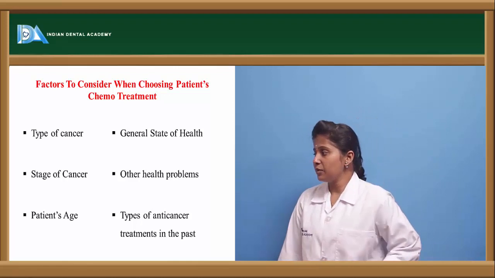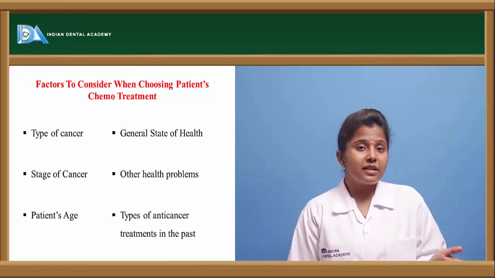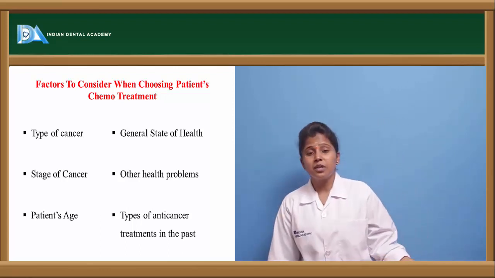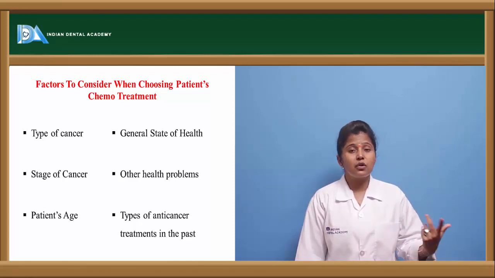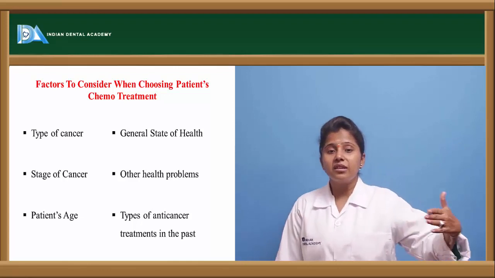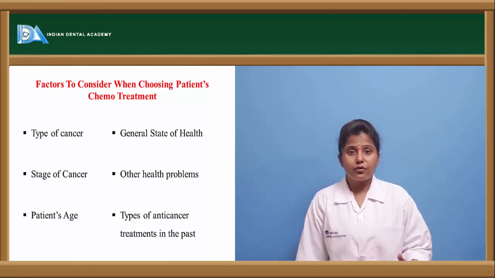The other one is types of anti-cancer treatments in the past. If the person has already taken anti-cancer treatment, then why was that treatment not effective? Whether there is a problem in the medication or the frequency of the person taking it, the previous medical history of the patient is taken into consideration while giving the treatment.